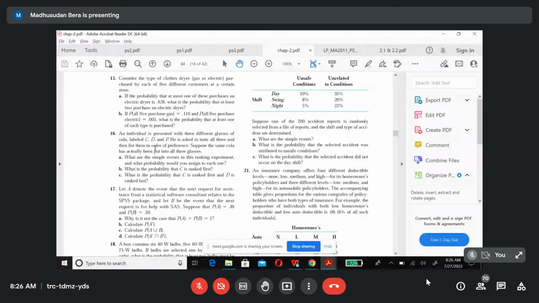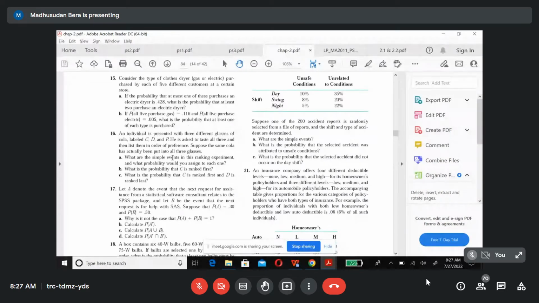Means what is first preference, what is second, what is third. Suppose that the same cola has actually been put into all three glasses.